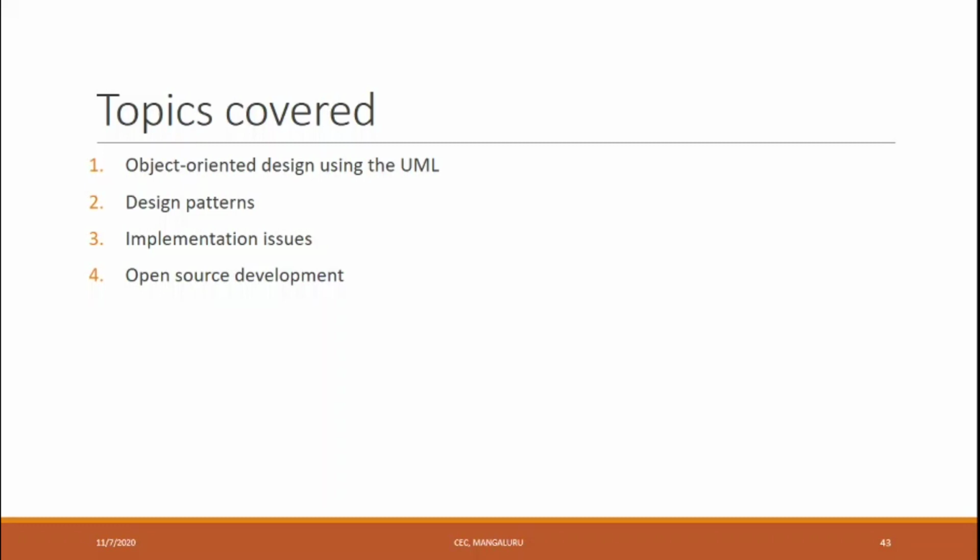Obviously we have seen the object classes in the weather station also, where it has 3 fields. The first field is identified by the class name, the second field by the attributes, and the third field by the functions. So this is what we have seen in the object oriented design using UML. And next we saw the design models.